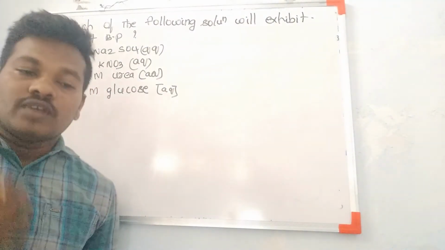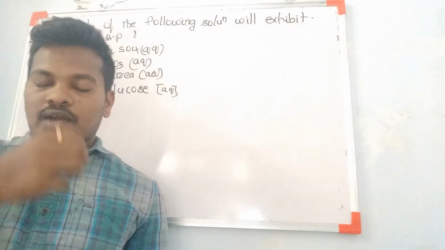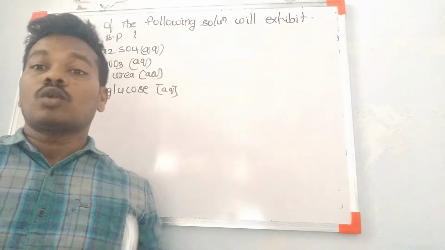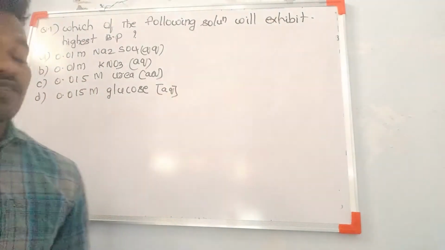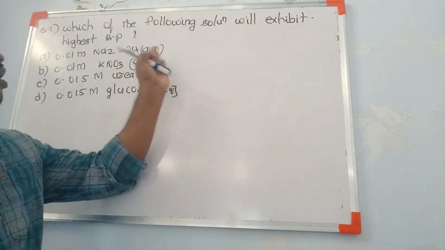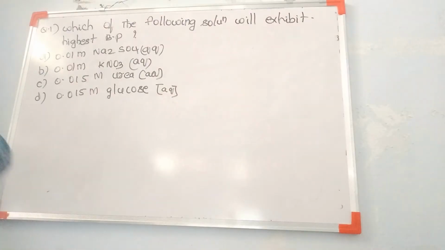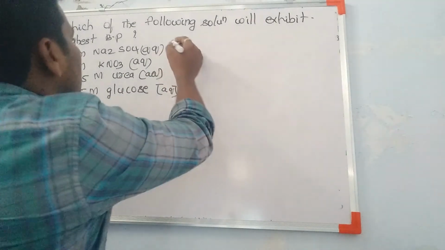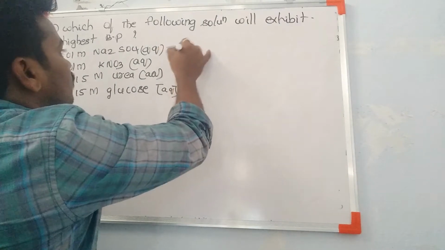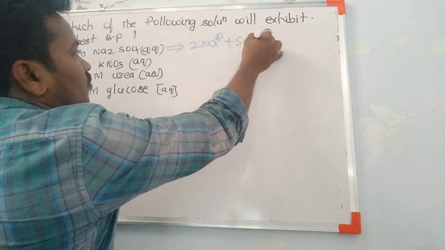First of all, we have to understand this: as the number of particles increases, the boiling point also increases. First we have to see how many particles each one will dissociate into. Na2SO4 dissociates to form 2 Na+ and SO4 2-.